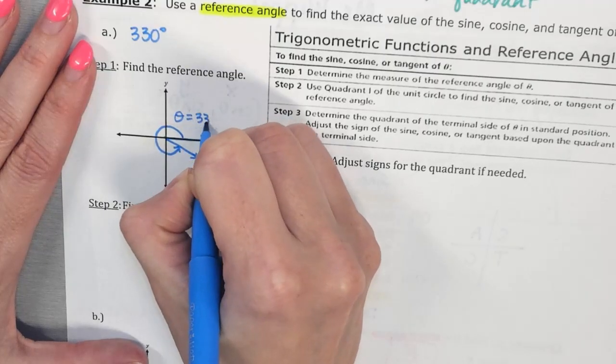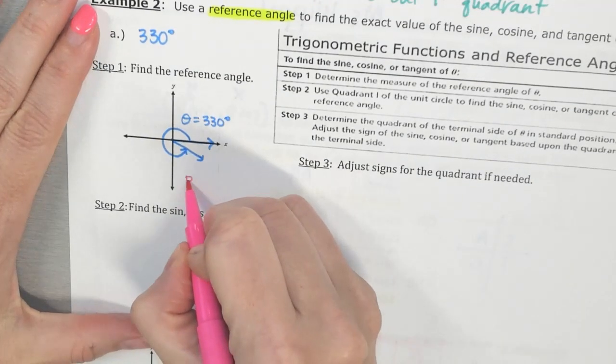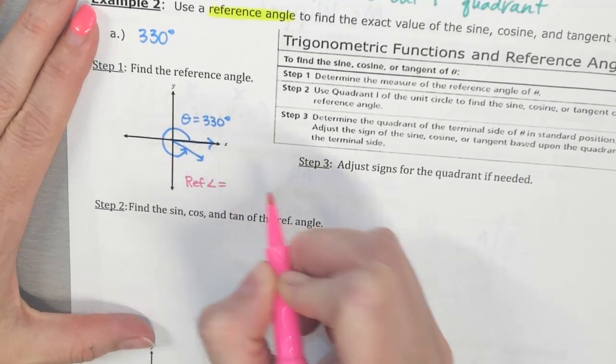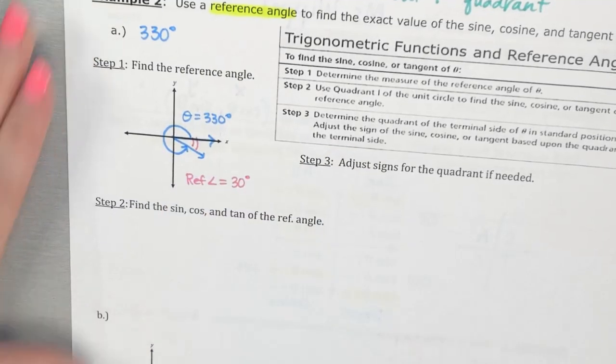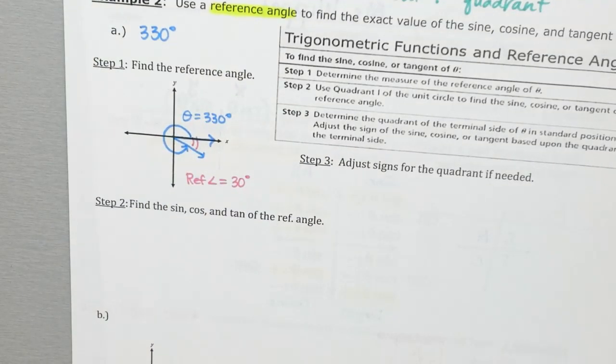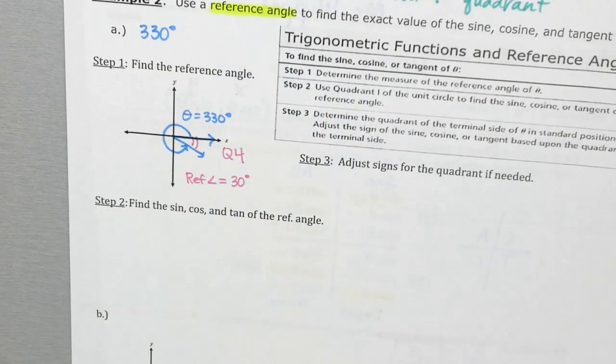Your theta is 330. If your angle is 330, what is your reference angle? What is it? 30. No. This one right here. Alright, so this is in quadrant 4. We are going to use that in a little bit. So step 1, you're going to draw your angle, you're going to identify your reference angle.